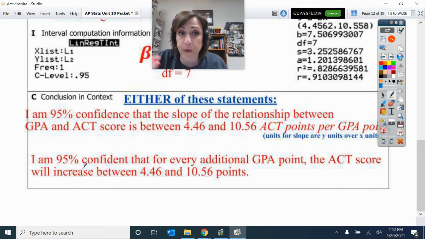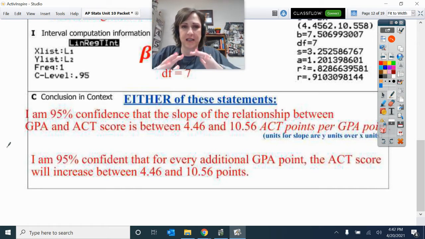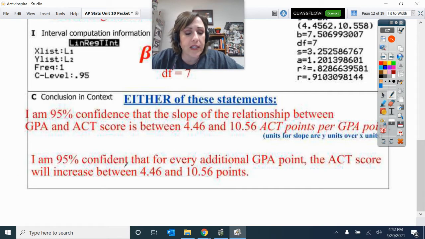I didn't have to say predicted here because I'm saying I'm 95% confident. That's taking care of that prediction component. It will increase between 4.46 and 10.56 points. So for every additional GPA point, the ACT score will increase between this and this many points.